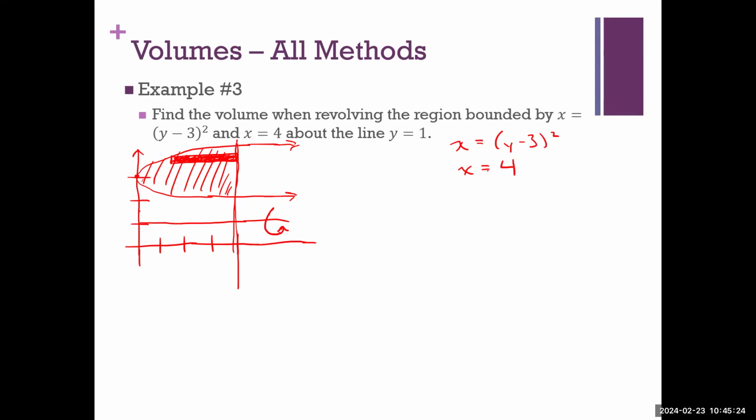So let's continue with this. What kind of method am I using here? This gives me shells. So if I wrap that thin rectangle, which is a dy rectangle, around the line of rotation, which is y equals 1, I'll get shells. What is the thickness of this cylinder?